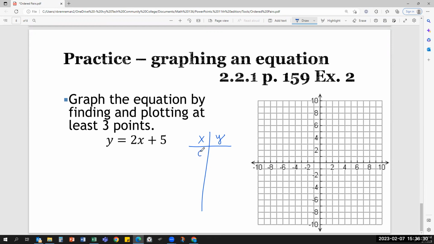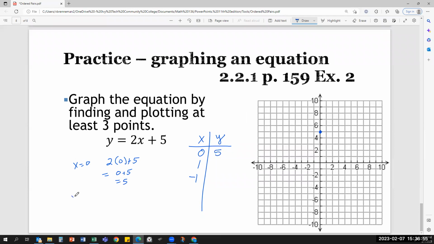We should start with whole numbers close to 0, typically. So in fact, even starting with 0. So I'm going to go 0, I'll go 1, maybe I'll go in the other direction, -1, and see what seems to be happening with this. So plugging in 0, 2 times 0 plus 5 is 0 plus 5, and that's 5. So I have the point (0, 5).